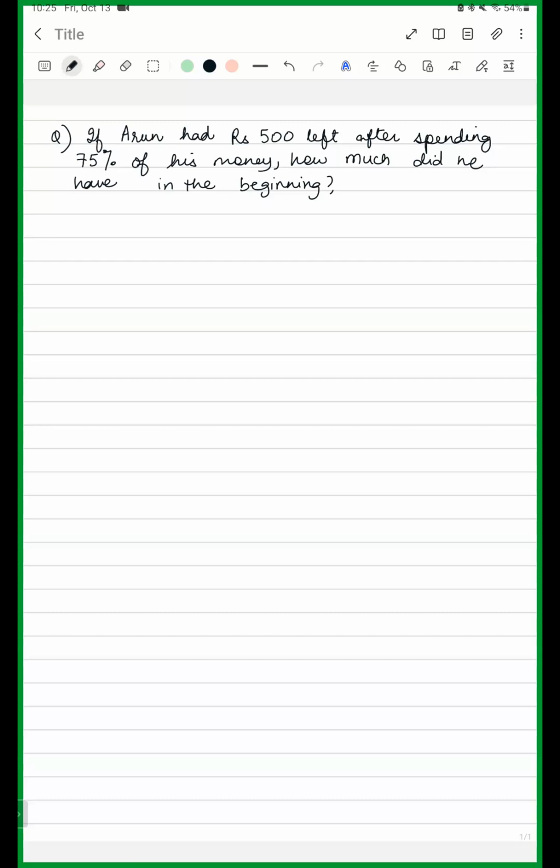So the first question: zero is the additive identity, and one is the multiplicative identity. Good. Then the reciprocal for any rational number p by q, where p and q are integers and q is non-zero, is q by p.